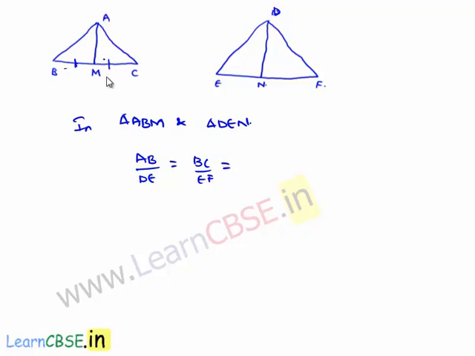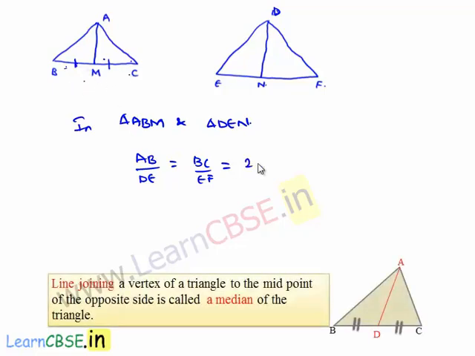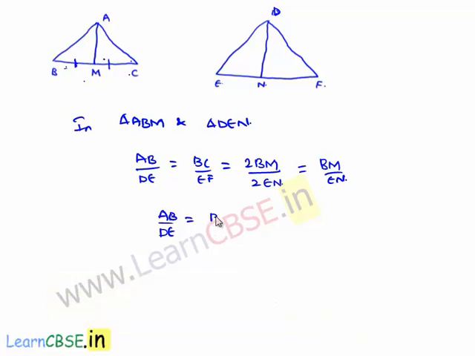And now we know that BC is equal to BM plus MC, and as BM is equal to MC, we can write BC as 2BM divided by, and EF we can write as 2EN, as EF is equal to EN plus NF and EN is equal to NF, which is equal to BM by EN. From this we can write that AB by DE is equal to BM by EN.